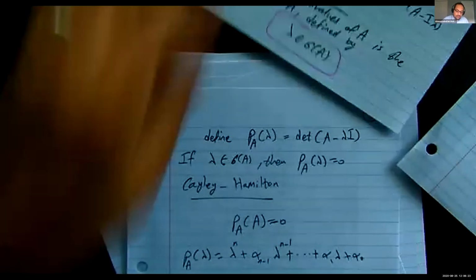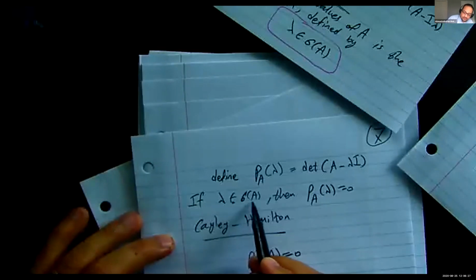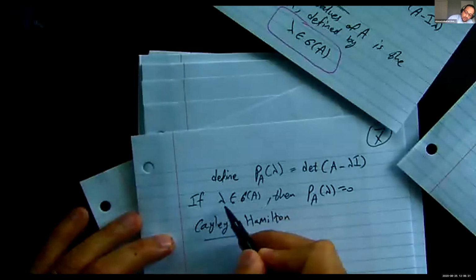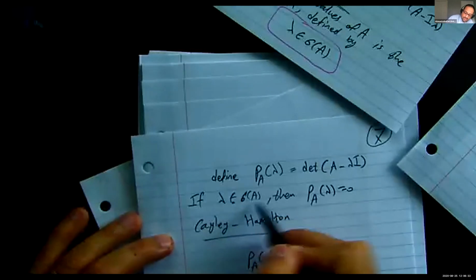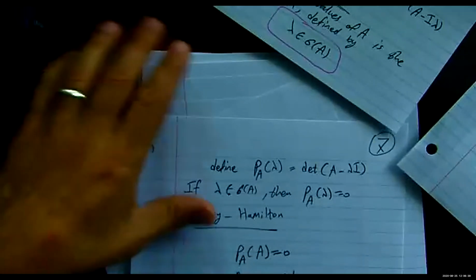So this is sigma, meaning that if lambda is one of the eigenvalues of A, or if lambda belongs to the spectrum of A, or if lambda belongs to sigma of A, then this follows. Is that clear? Yes, thank you. No problem.